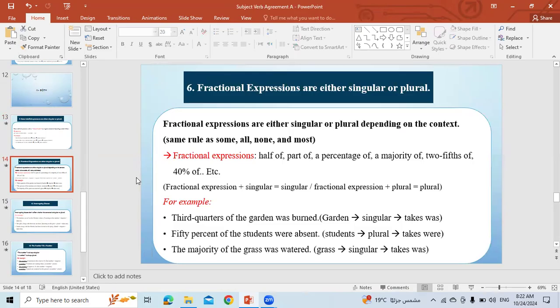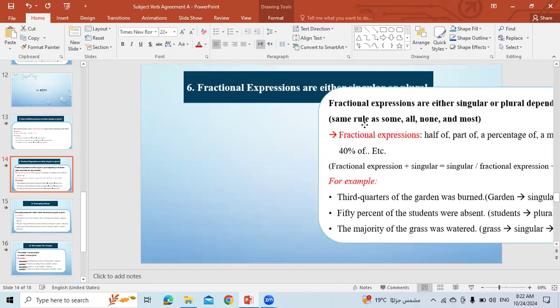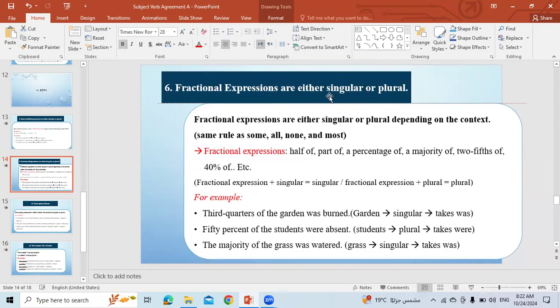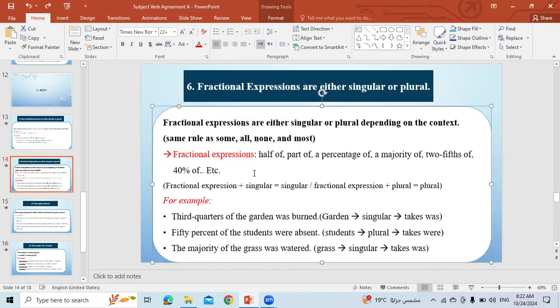Okay. We have something called fractional expressions. Fractional expressions are simply the unit of measurement, 40%, 50%, etc. These are called fractions. For example, 40% of this book is boring.